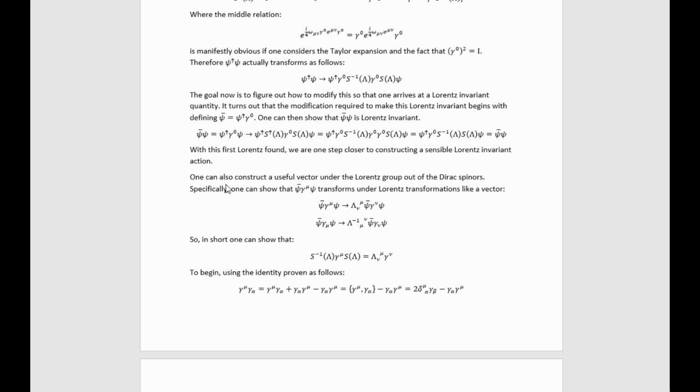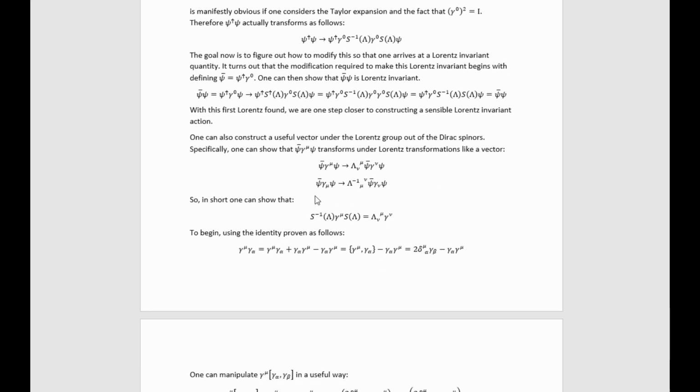One can also construct a useful vector under the Lorentz group out of the Dirac spinors. Specifically, one can show that psi bar gamma mu psi transforms under Lorentz transformations like a vector, so like this, where these lambda tensors have the same values as given at the beginning. So in short, one can show that S inverse gamma mu S equals this lambda tensor contracted with that gamma matrix.